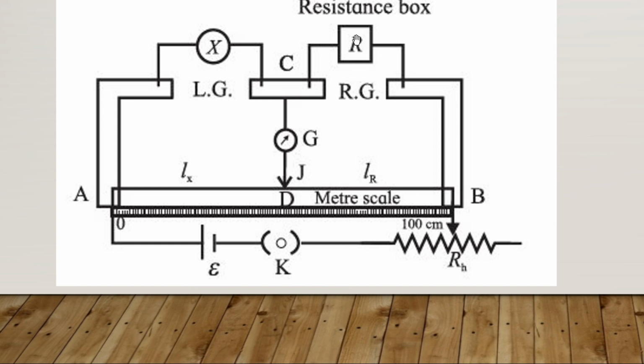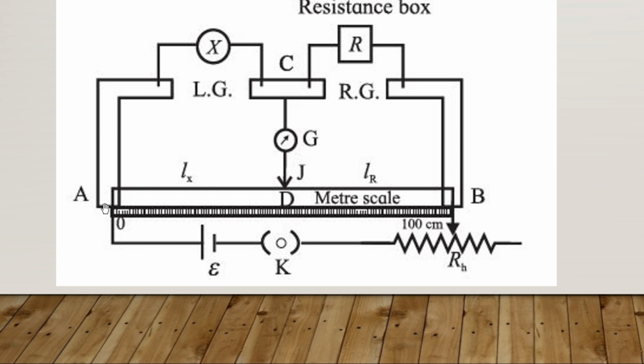The resistance box of range 0 to 500 ohm is connected in the right gap. The galvanometer is connected to the point C. Any one terminal of the galvanometer is connected to the C terminal and the remaining terminal of the galvanometer is connected to the jockey.